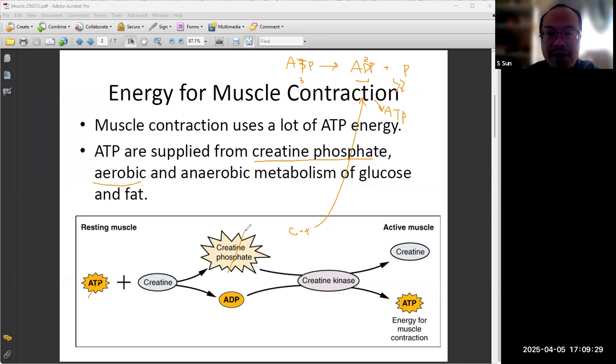And then also very quickly, you will start to increase your heart rate, increase your breathing to transport oxygen into your muscle, because now you will need oxygen to generate the ATP through aerobic metabolism and anaerobic metabolism. So that's that. Muscle needs that energy.